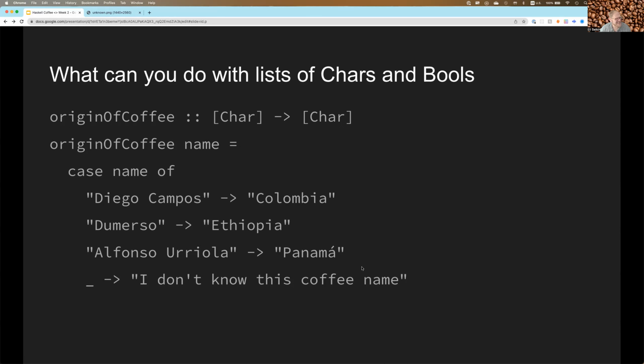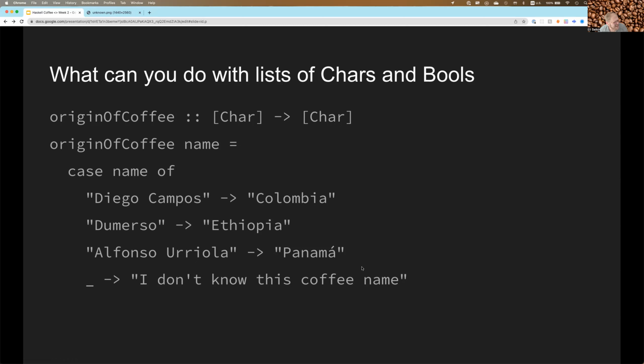But here is a coffee-related case statement. Here's our first coffee-related case. So what can you do with a list of chars? We might have this function, origin of coffee, and it takes a list of chars, and the output type is a list of chars.